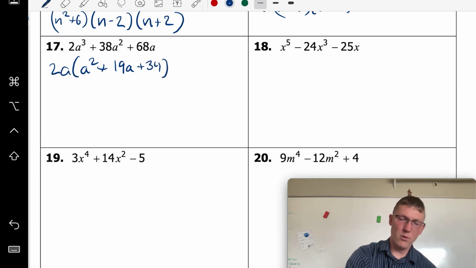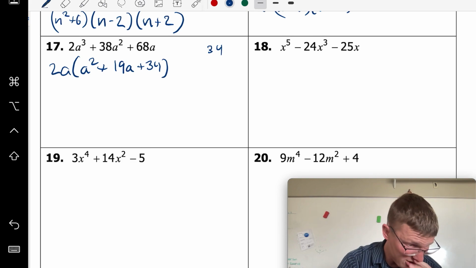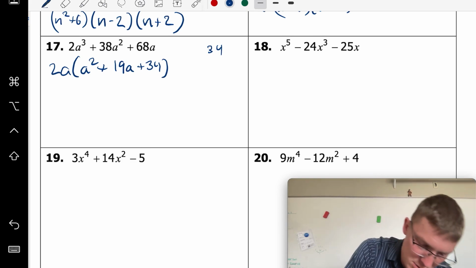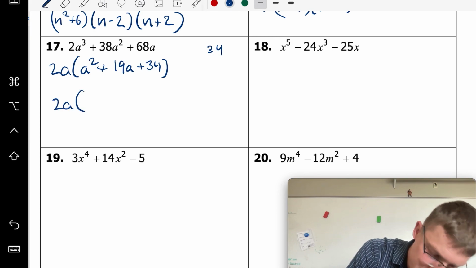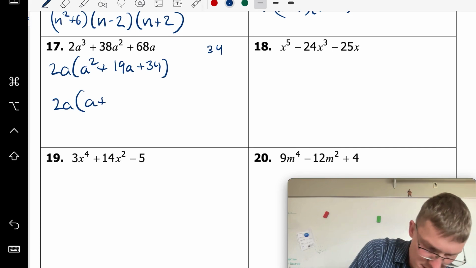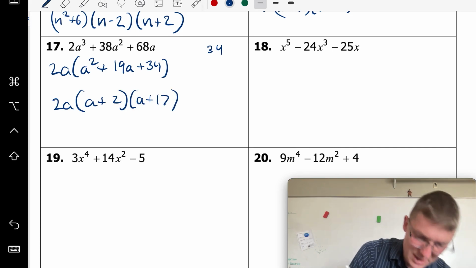Now for 34, we're looking for two multiples that give us 19. 34 divided by 2 is 17. 17, 18, 19. Okay, so we're good to go. Writing my 2A out front, we're going to have A plus 2, A plus 17.